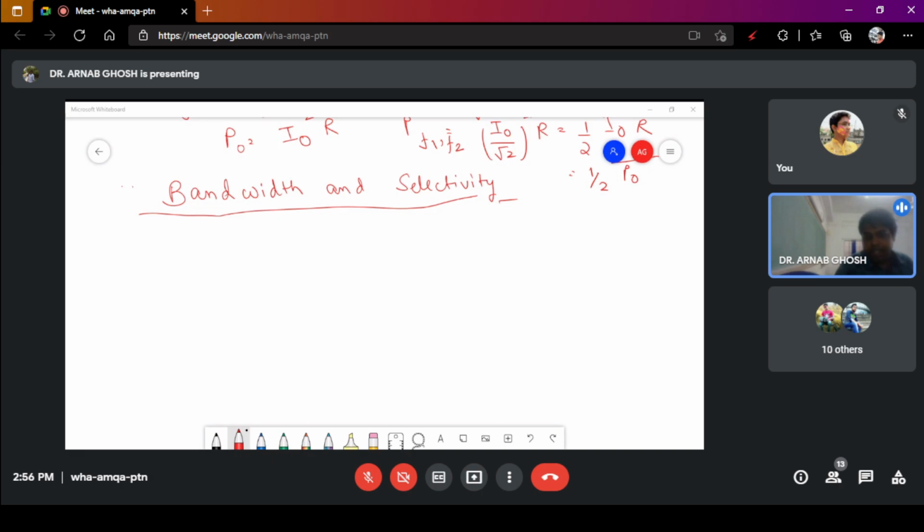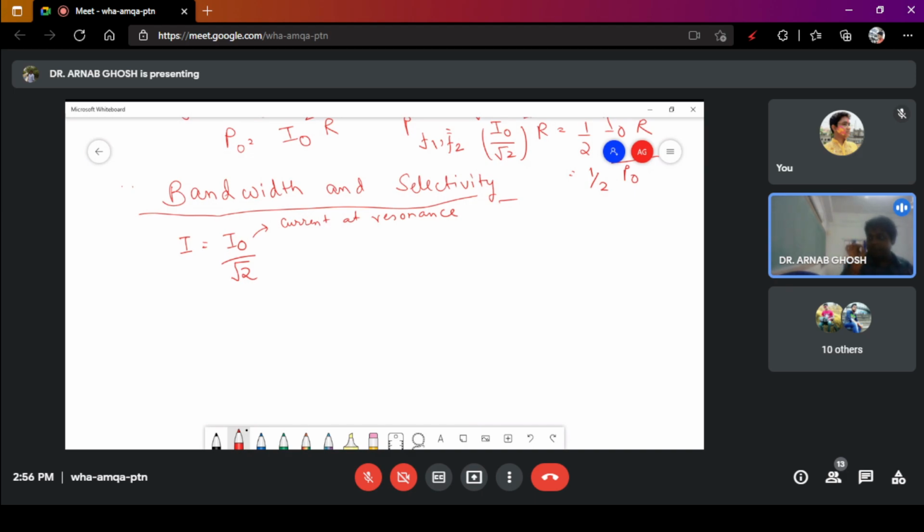Where did I start off? I said I was equal to I0 by root 2. This is the current at resonance, which is maximum in case of a series circuit.